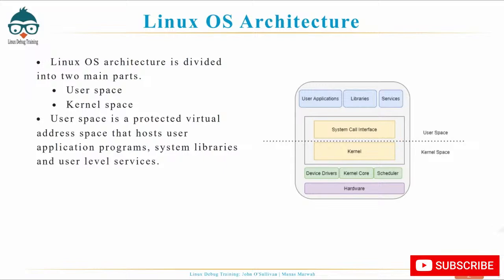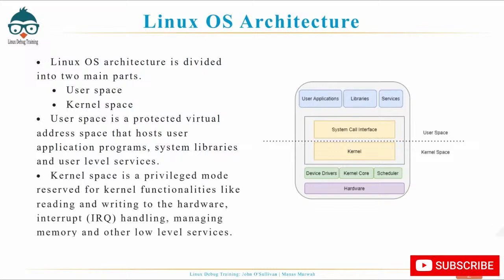It also hosts system libraries, and these are normally shared libraries that provide common functionality to multiple user applications. Additionally, it provides user-level services, and these can be things like web servers like Apache, database servers like MySQL, and application servers.